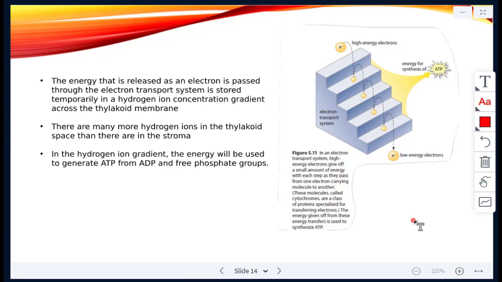So in this hydrogen ion gradient, the energy will be used to generate ATP from ADP and free phosphate groups. Okay, so again, as the electron is being passed down with each step, there's some energy being released.